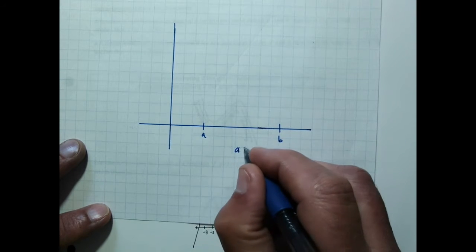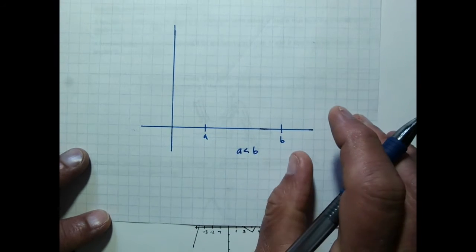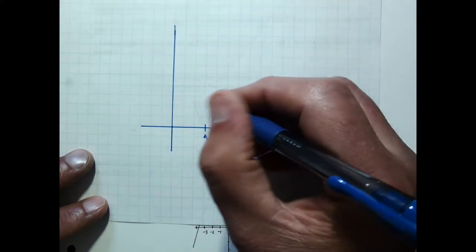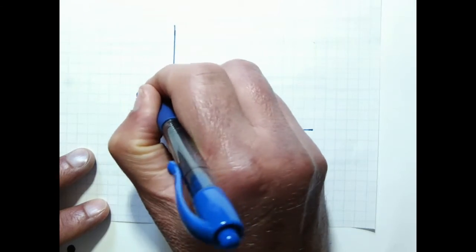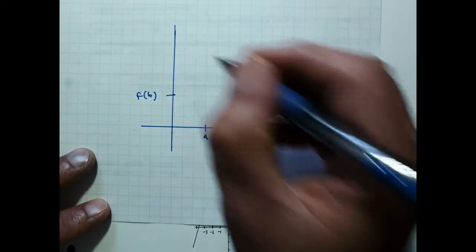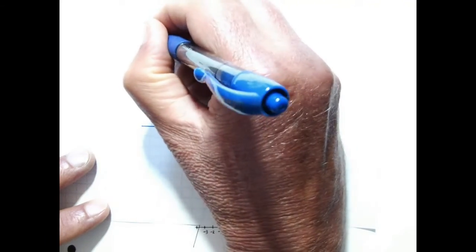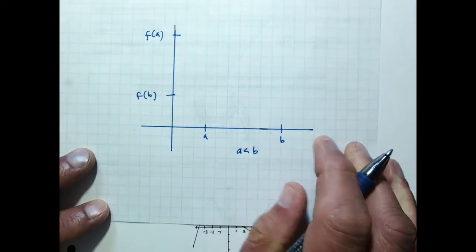We still have a less than b. That was the same. But what we're saying is that f of b is less than f of a. So f of b, the y value corresponding to b, is smaller than f of a, the y value corresponding to a.